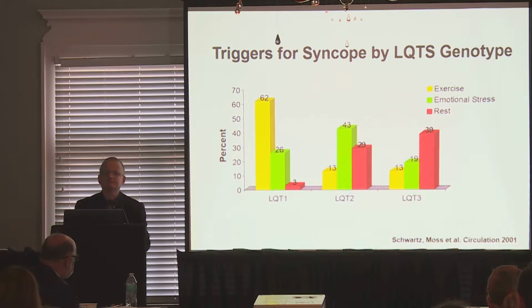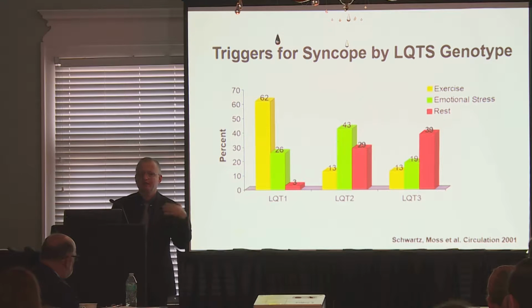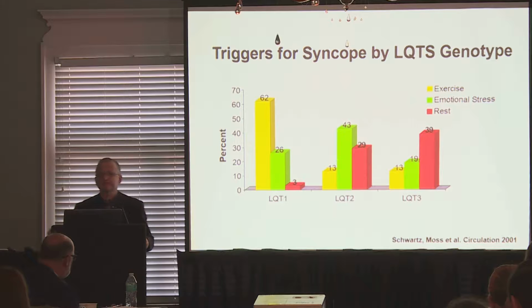Okay, so that means they still could have it. Yes, because as I mentioned, about 1/4 of those affected by the genotype have a QTc in the normal range. But if the genotype is a high-risk genotype, I'm not going to show that, there's still a certain risk for cardiac events, and they should at least be protected with beta blockers.